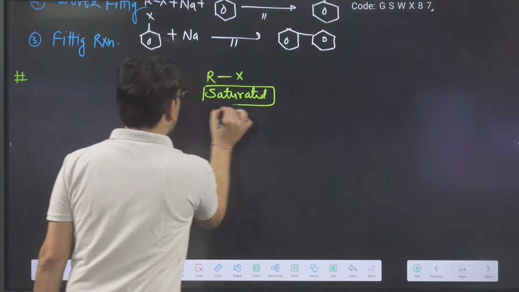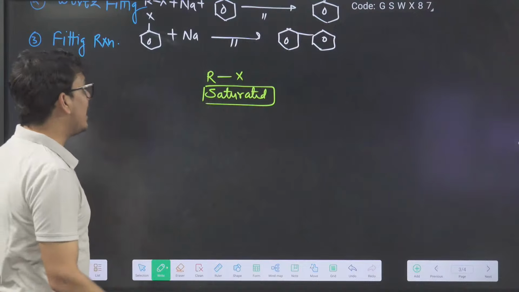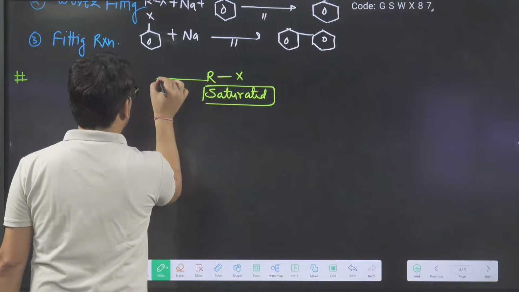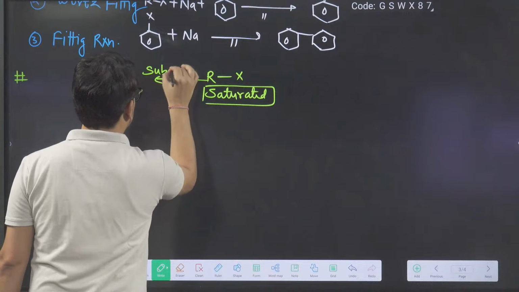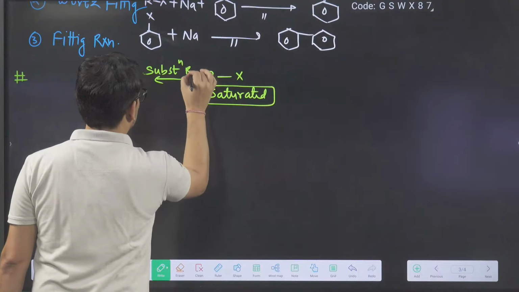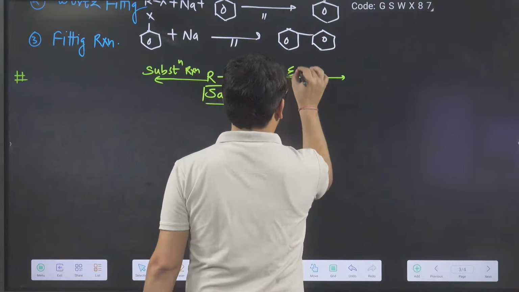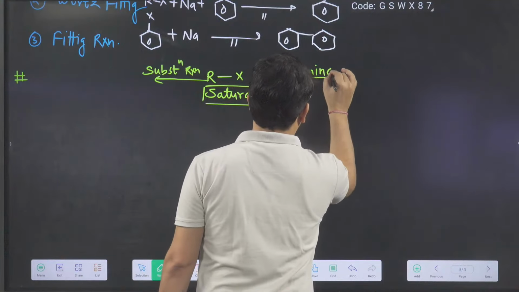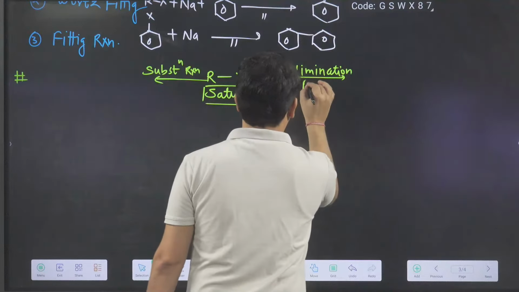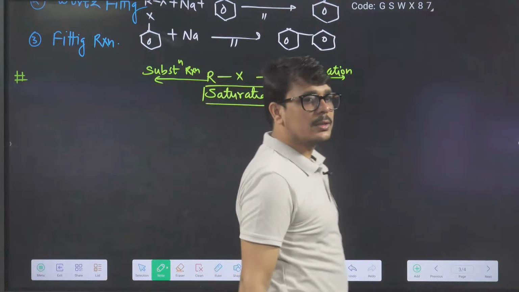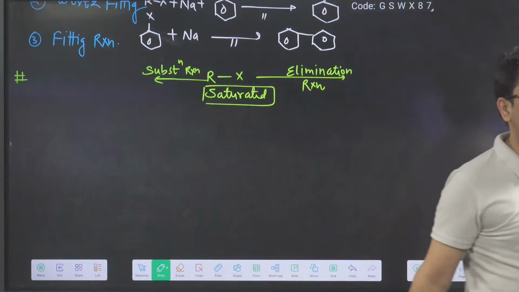If they are saturated, then they may go either by substitution reaction or by elimination reaction. Remember or not? Most of the reactions for alkyl halide will be of which type?